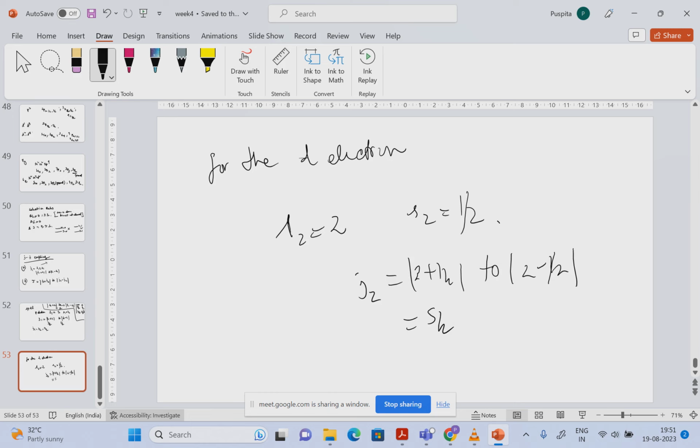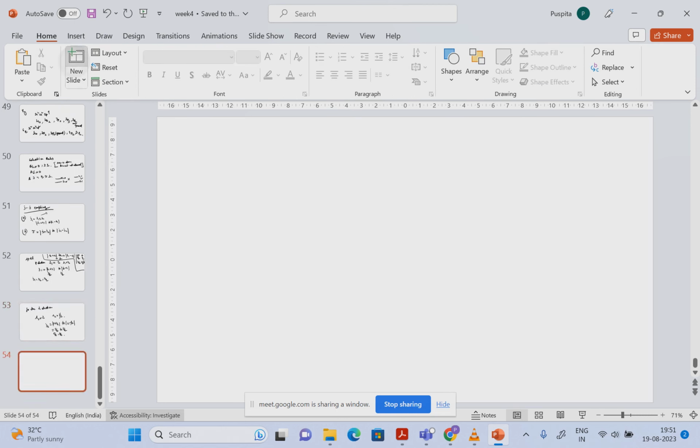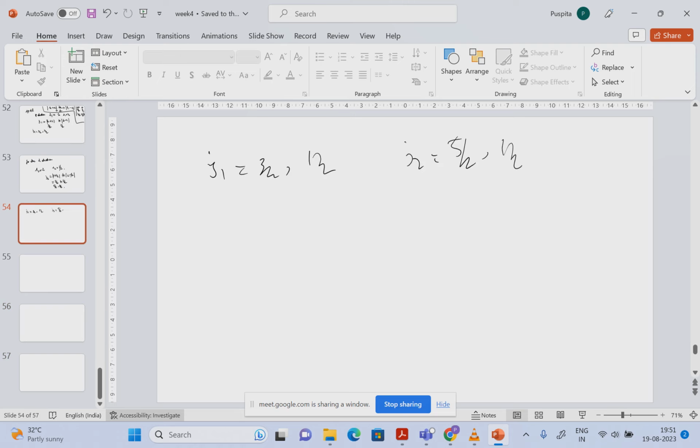So that is 5 by 2 to 3 by 2. So this is only 5 by 2 and 3 by 2. Okay, so j1 is 3 by 2 and half, j2 is 5 by 2 and 3 by 2.